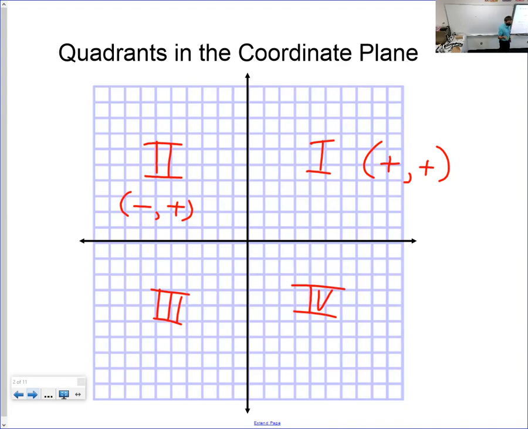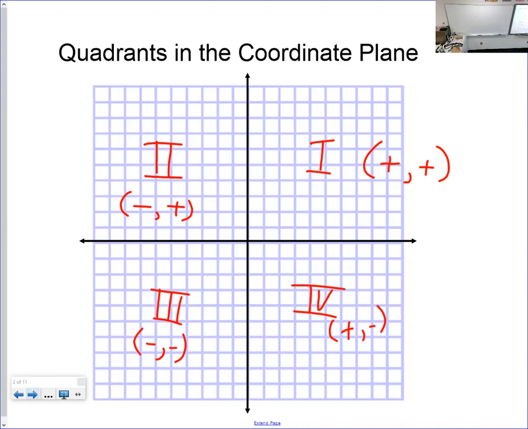Third quadrant, negative, negative. It's like a sad face. And positive, negative, right? Just to be a little bit clearer than that, when we say negative, positive, we mean the x value is negative, the y value is positive, right?